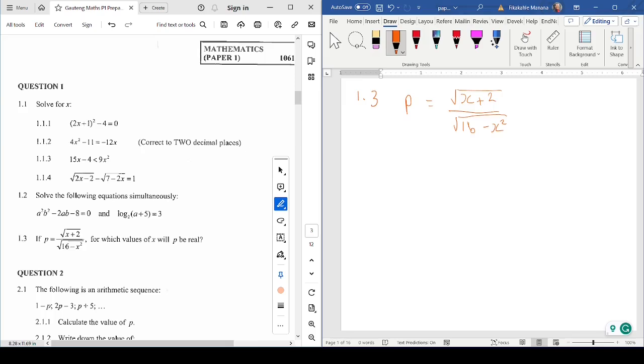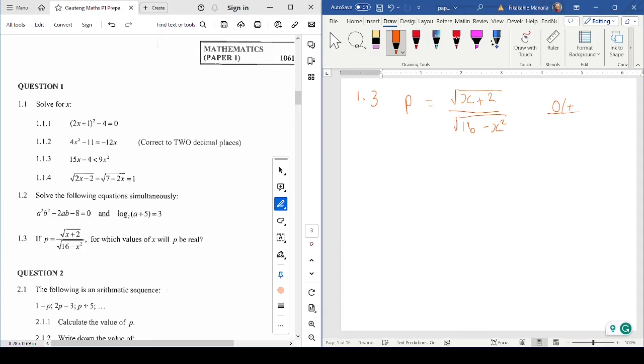It's either they give you 0 or a positive number. Okay, so let's look at these surds here. Let me just put the conditions on top here. For it to be a real number, it's either 0 or a positive number.